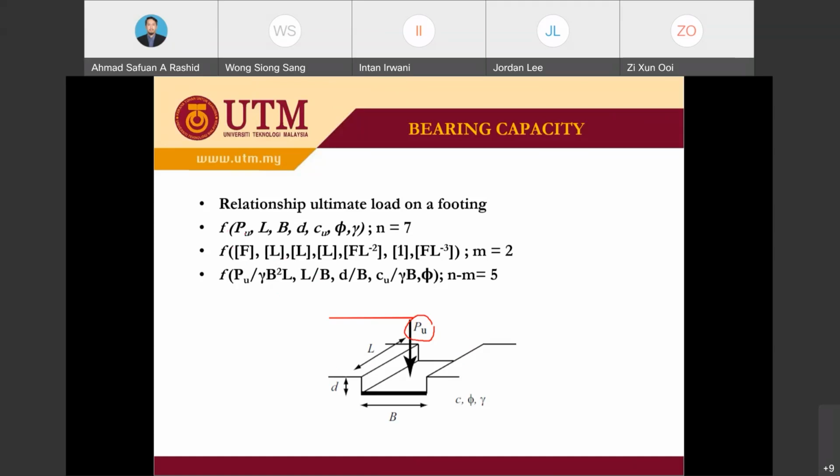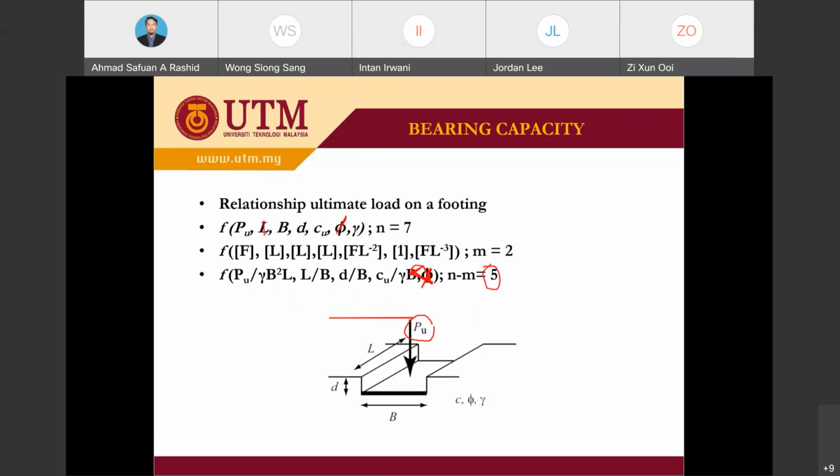From each parameter, we derive the primary dimension, and then we have 2. So from there, we derive the dimensionless equations. We need to have 5 in total, so we need to write 5 dimensionless terms, making sure that we use all the parameters.